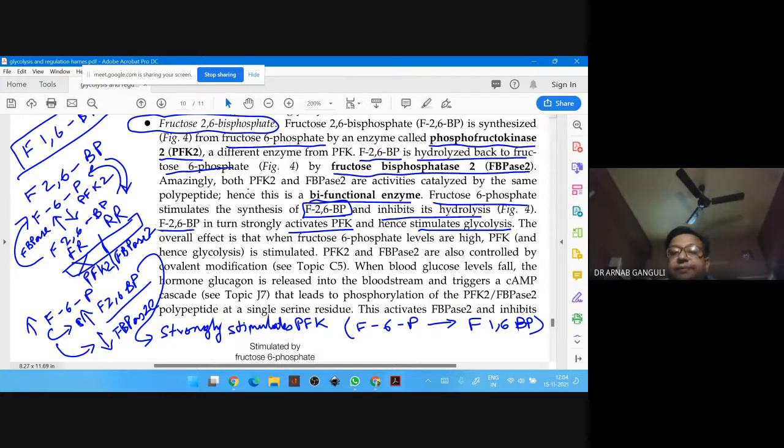Don't forget. The overall effect is that when fructose 6 phosphate levels are high, PFK, and hence glycolysis, is stimulated.